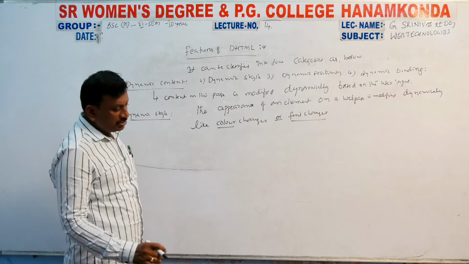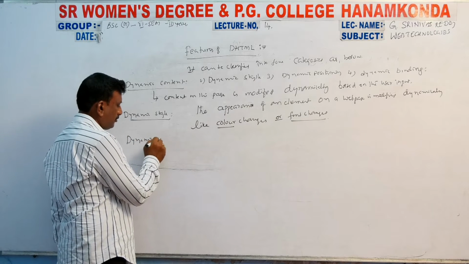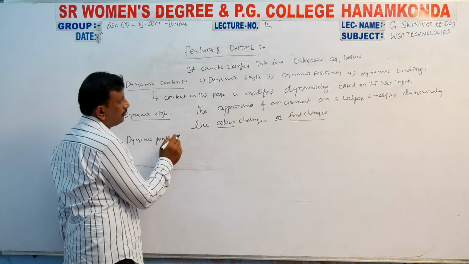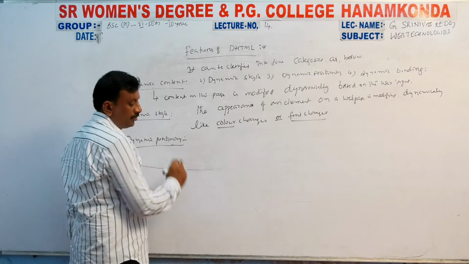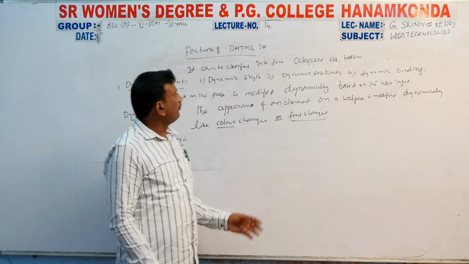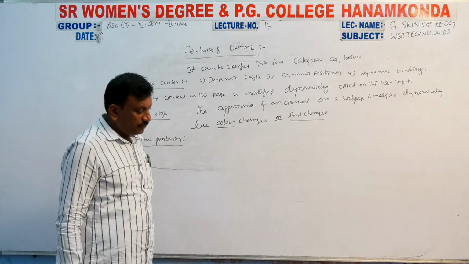Next, dynamic positioning. These are the features of DHTML: content, style, and positioning.